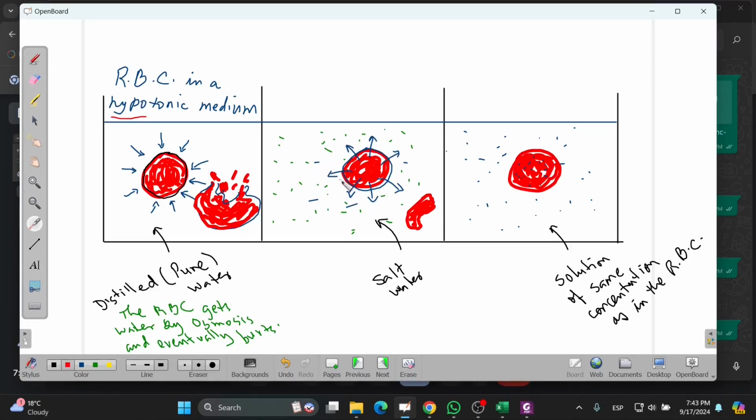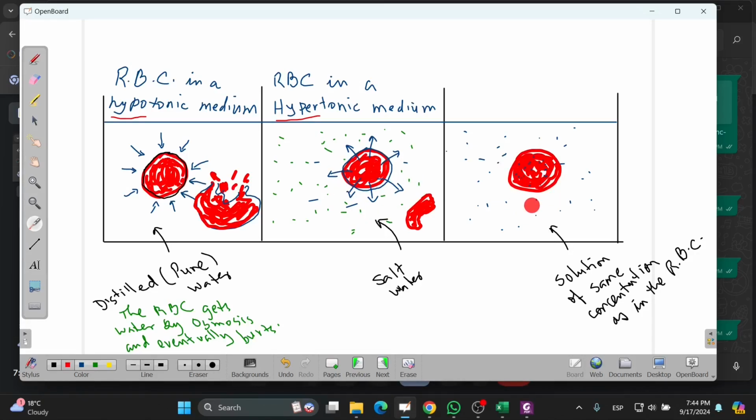See what I mean? So when it is more concentrated outside, we say that is a hypertonic medium. Red blood cell in a hypertonic medium. Hyper means greater than normal.